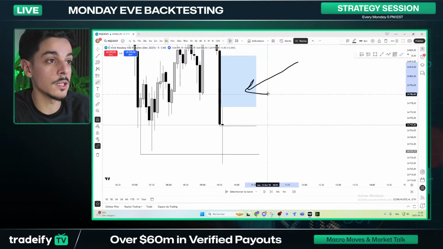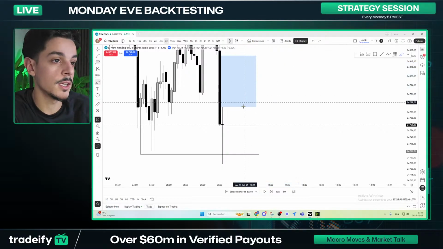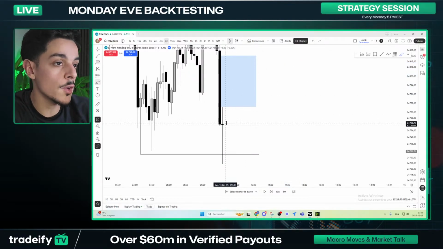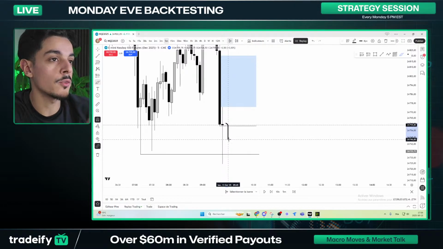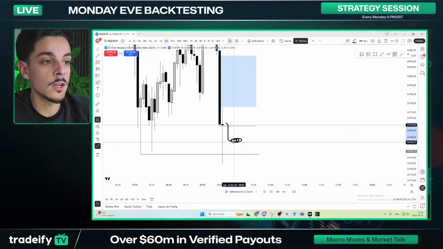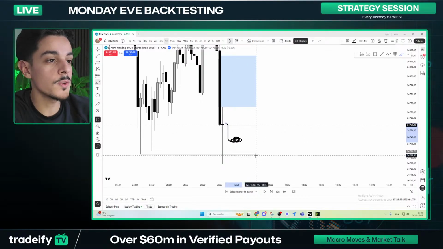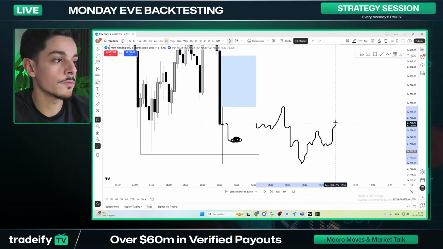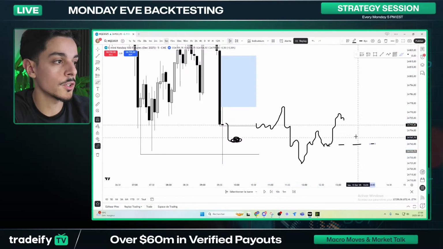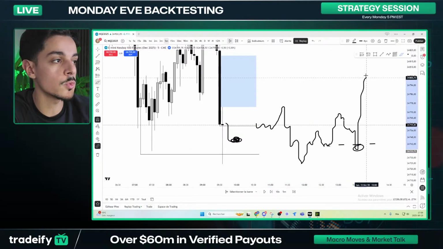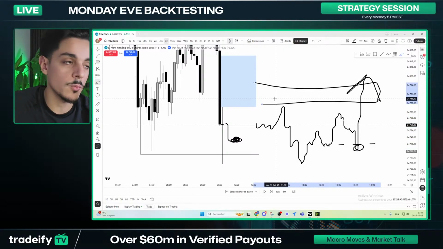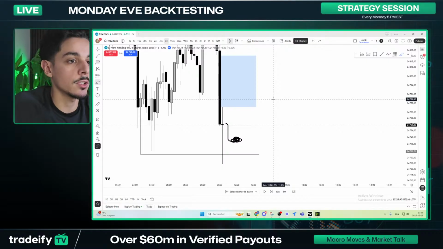If I know this level has a lot of chances of being hit, and my bias is bullish, then every single down move after my framework got validated is most likely a fake out until proven otherwise. So every low inside this range is most likely just lows that are going to be used as liquidity sweeps in order to go back up towards my overall framework, okay, which is the unfilled fair value gap.